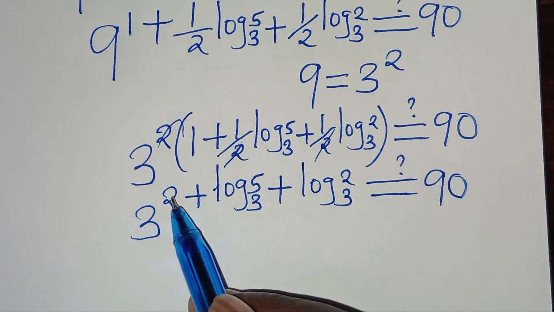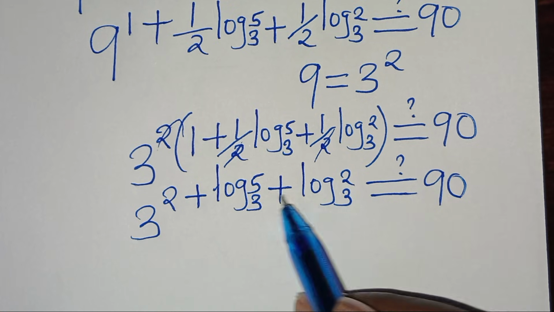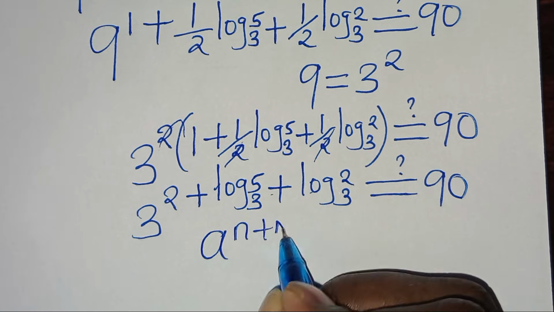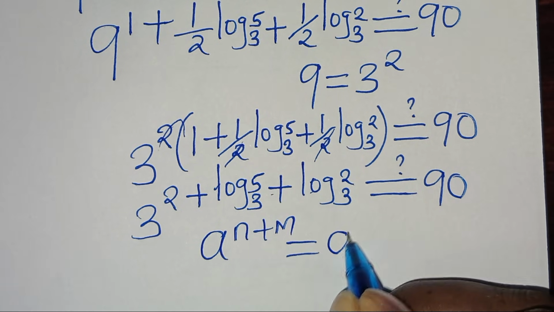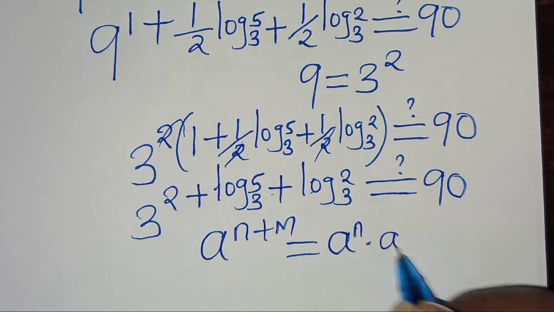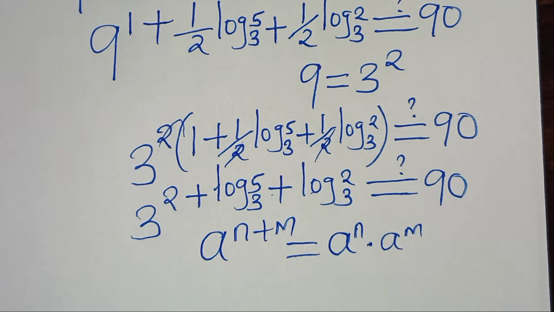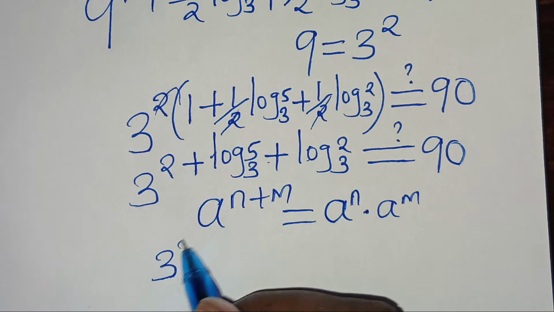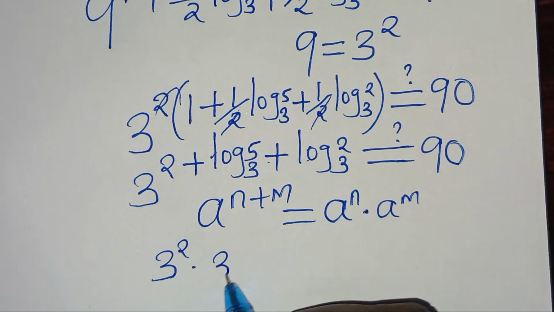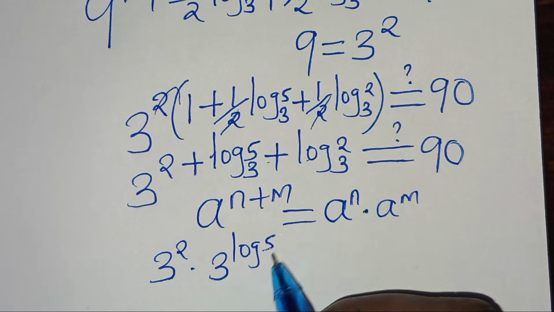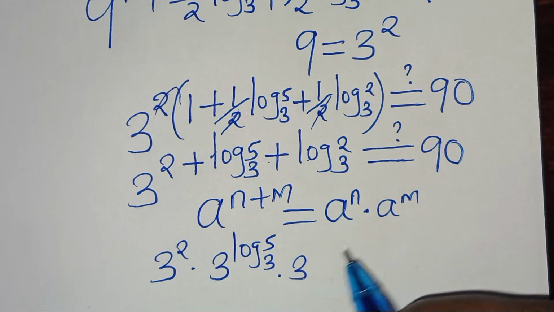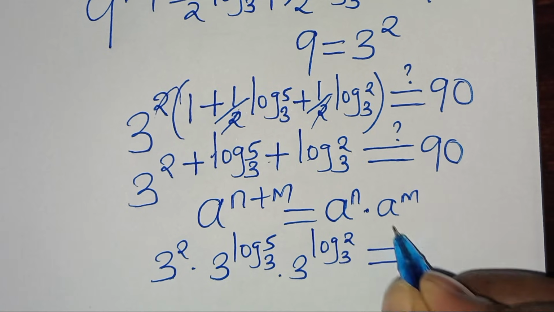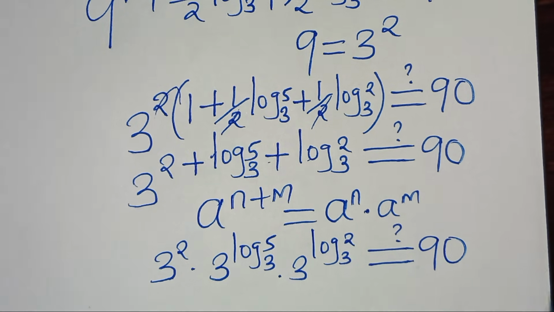Now, 3 to the power of 2 plus log 5 to base 3 plus log 2 to base 3 is in the form of a to the power of n plus m, which we can express as a to the power of n times a to the power of m. Applying this exponent property, here we have 3 to the power of 2 times 3 to the power of log 5 to base 3 times 3 to the power of log 2 to base 3. This is supposed to give us a value of 90.